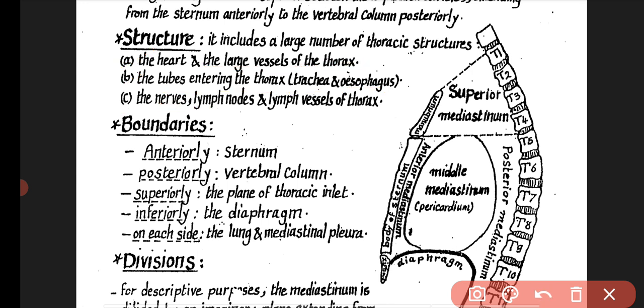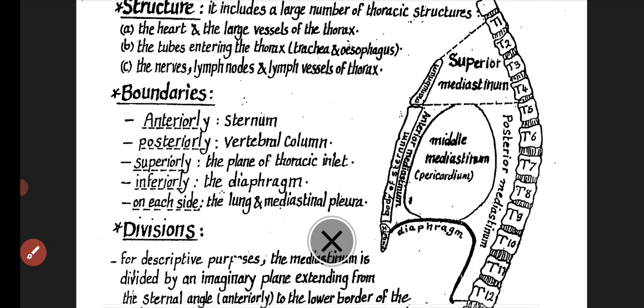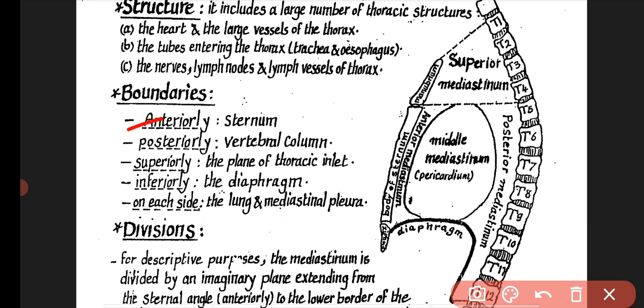These are the structures which are in the mediastinum. Then come to the boundaries. What are the boundaries of mediastinum? Anteriorly is the sternum.